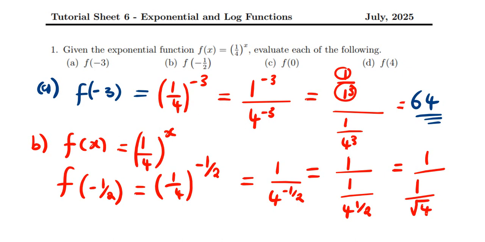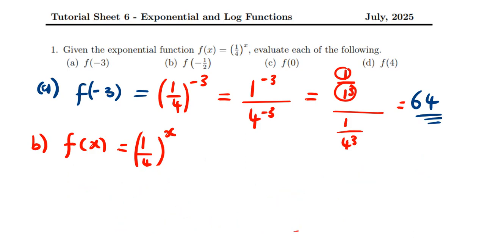So I have a scenario where I have 1 divided by 1 over the square root of 4, which we said is 2. Now 1 divided by half is just the same as 1 times 2. The denominator and the numerator swap like that and we just have a 2. So for our second question, our final answer is 2.